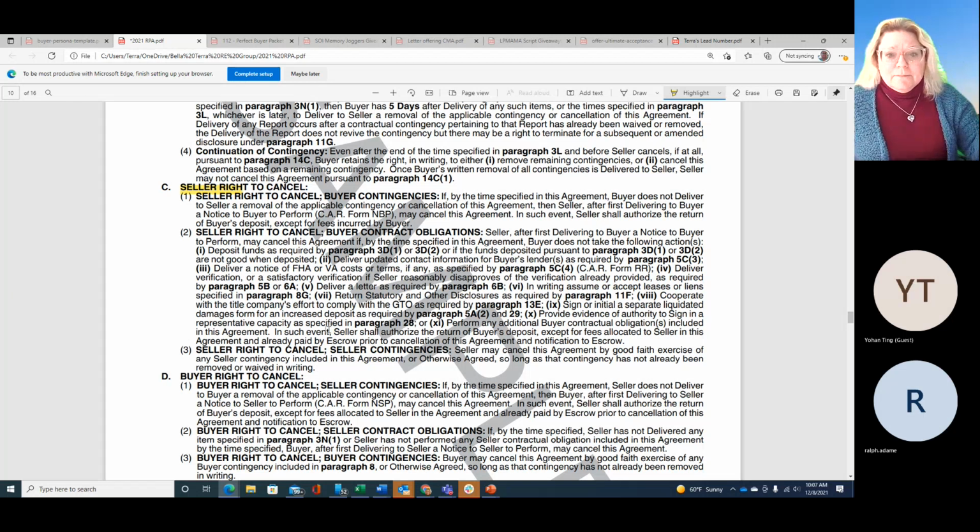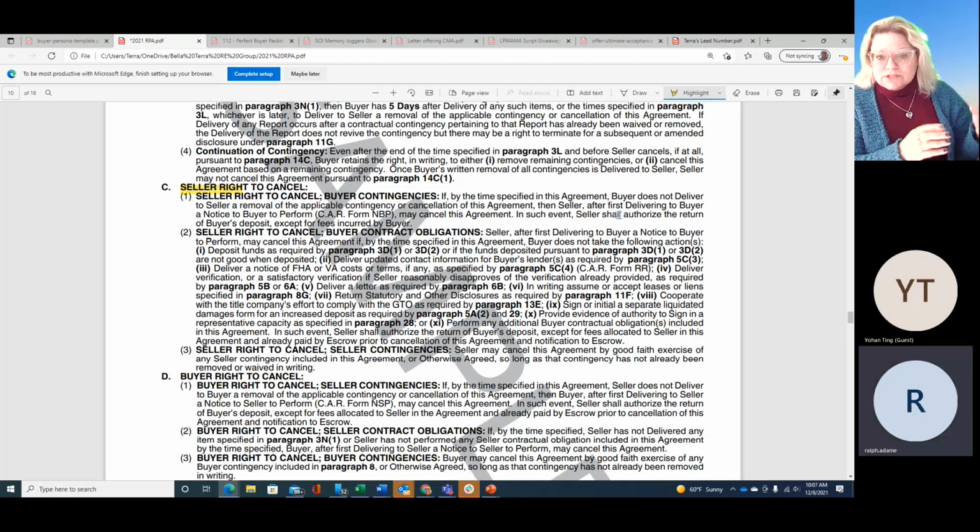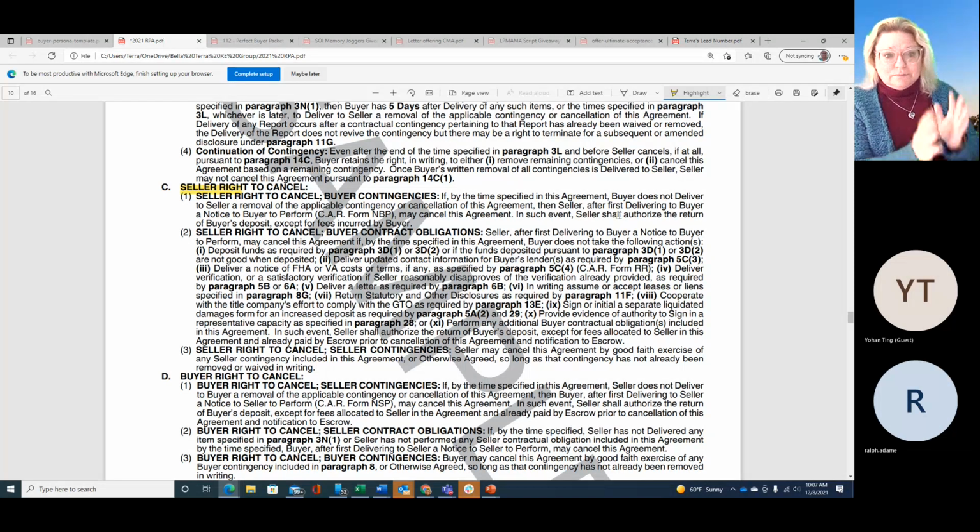If the seller is going to cancel based on the buyer's contingencies, they haven't removed all their contingencies, they've done an NBP, buyer hasn't answered that or hasn't removed those contingencies, now the seller is ready to go ahead and cancel, they must authorize the return of the buyer's deposit, except for fees incurred by the buyer. So if the buyer has paid for inspections or reports or anything like that, that money is due back to the buyer.